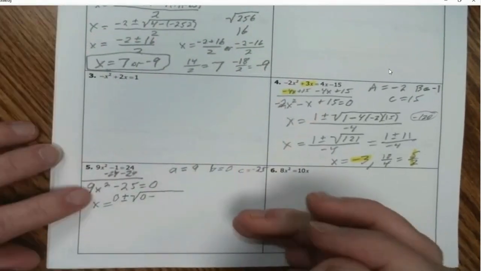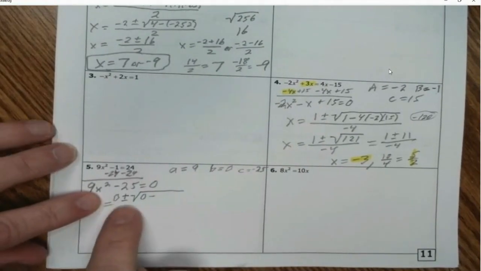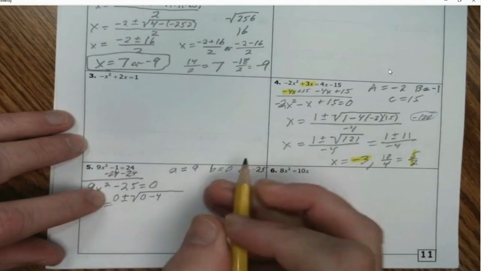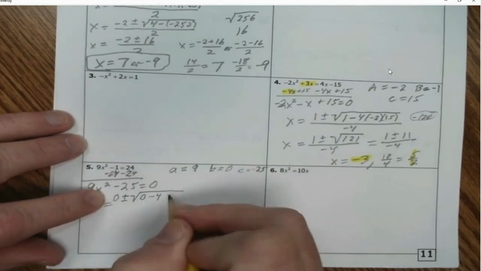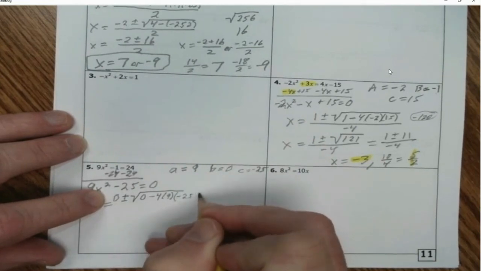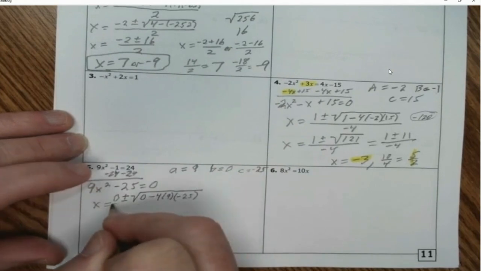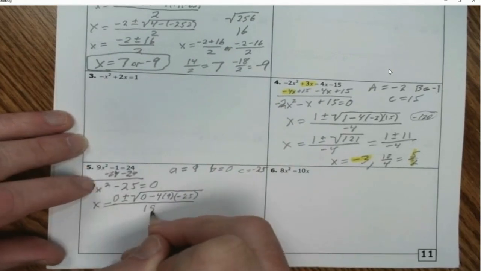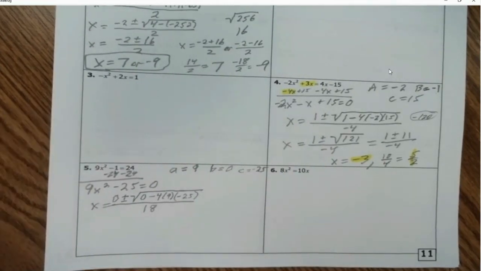When we simplify, we'll get rid of it because the B is 0. 0 plus or minus 0 minus 4 times AC. A is 9, right? So 9. And C is negative 25. And all of that is over 2A. So 2 times 9 is 18.